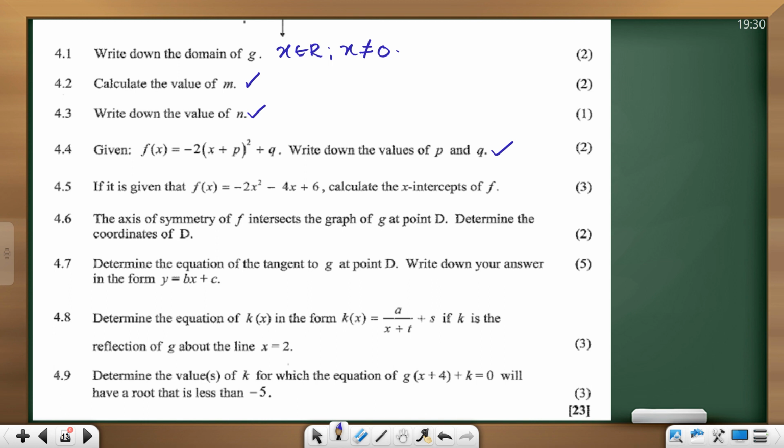Is it -3 and 1, or 1 and -3, or -1 and 3? -3. Right. -3 or x equals what? 1. Okay, so you swapped it around, I think.